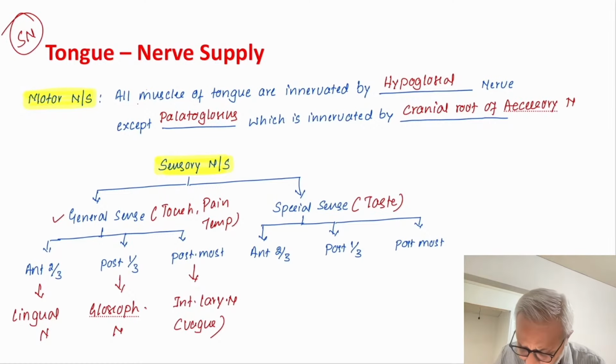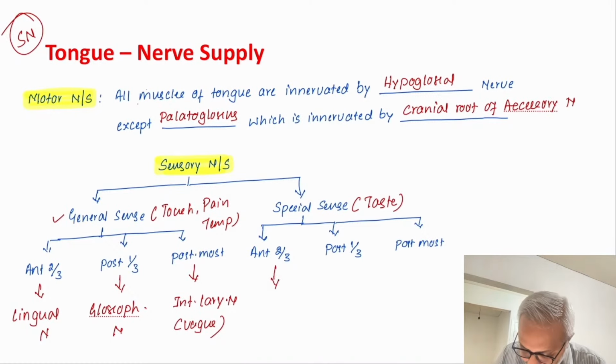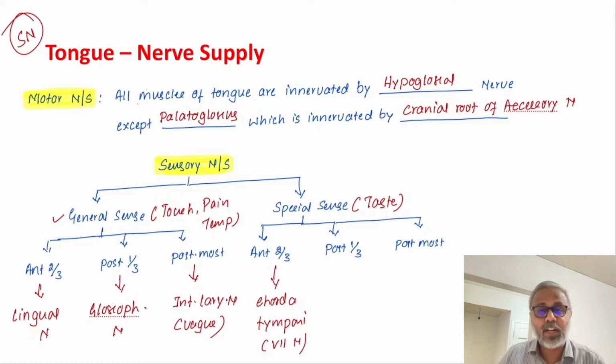Now when we talk about taste sensation, the anterior two-thirds is innervated by a nerve called the chorda tympani, which is a branch of the facial nerve. So taste sensation from the anterior two-thirds is carried by chorda tympani. Posterior one-third, it is again the glossopharyngeal nerve, right?